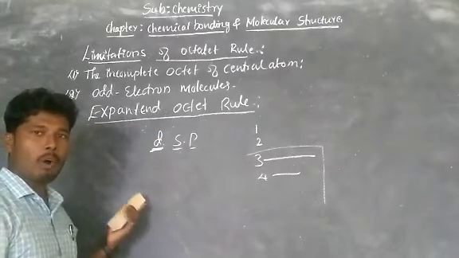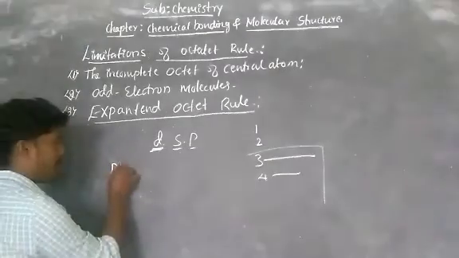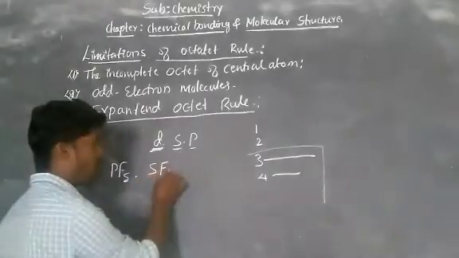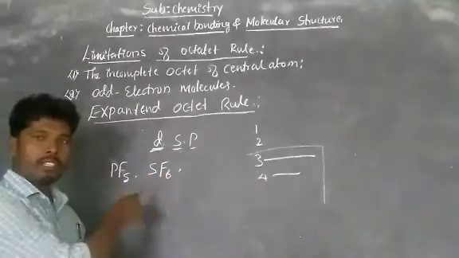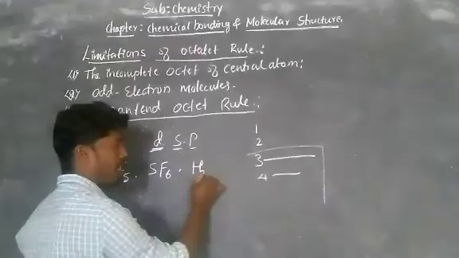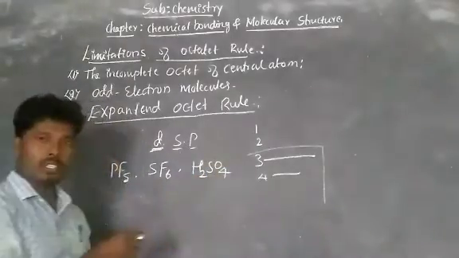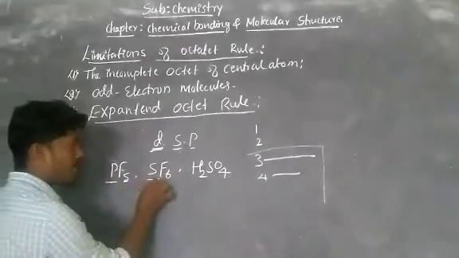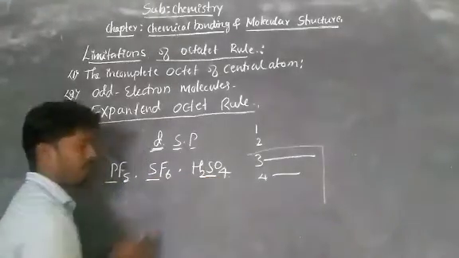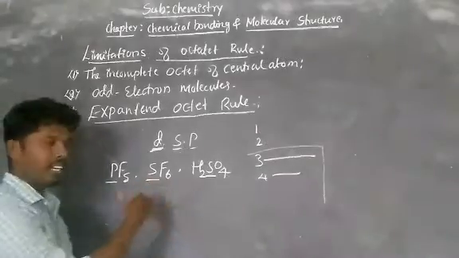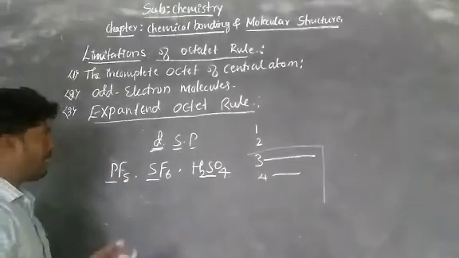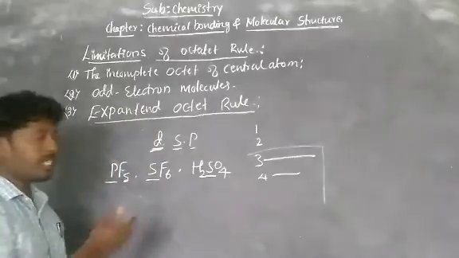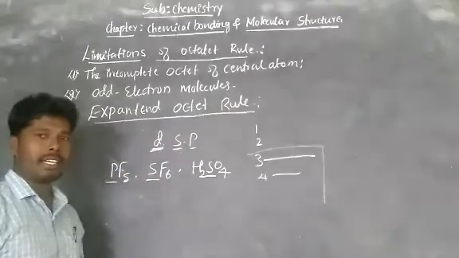For example, take some compounds: phosphorus pentafluoride or sulphur hexafluoride, etc. Now also take H2SO4, sulfuric acid. In these compounds the central atom or the central element is phosphorus, sulphur and here also sulphur. These elements have greater than 8 electrons around them, which we call the expanded octet. It means it leads to greater than 8 electrons.